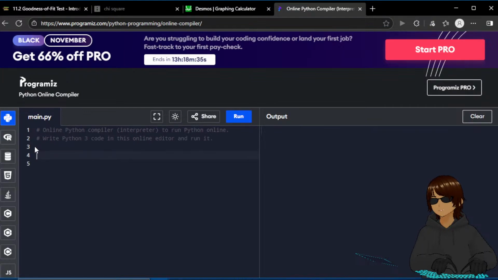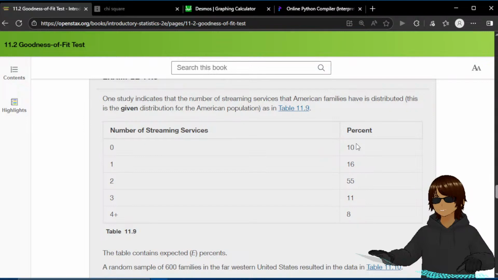It's been quite a while since I used Python. The observed values, and then we have the expected values. The expected is 10, 16, 55, 11, 8.